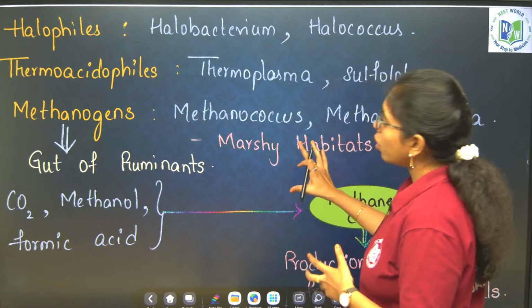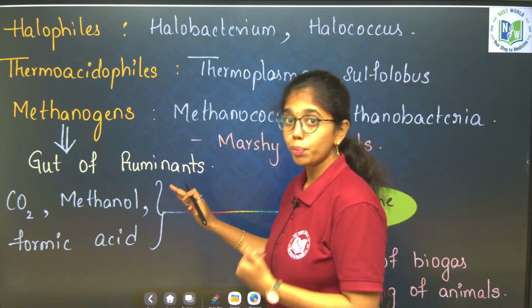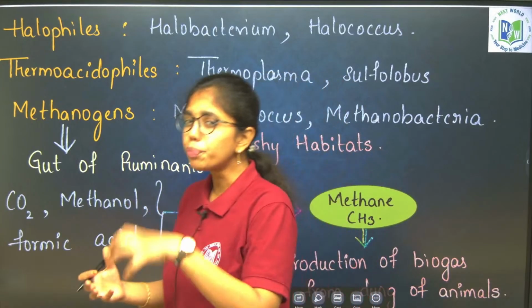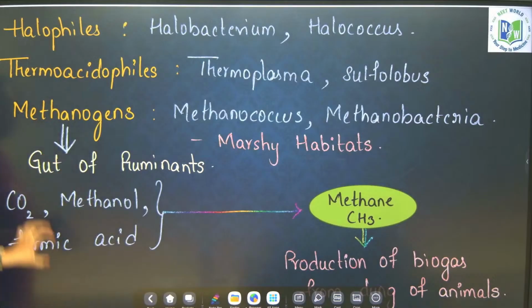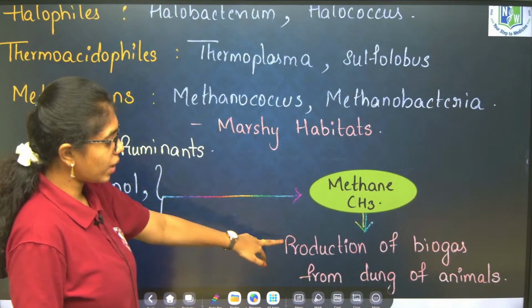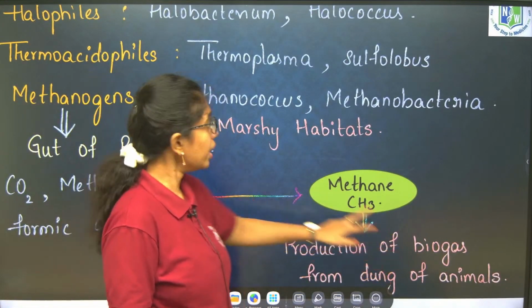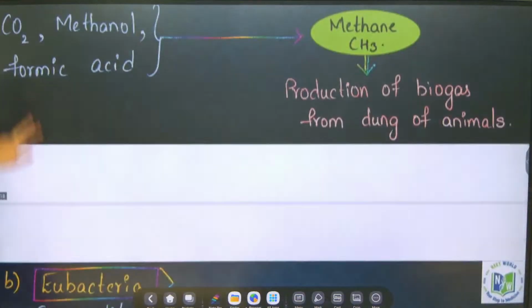They grow in marshy areas. They live in the gut of ruminants like cow, buffalo which ruminate all the time. So, methanogens will convert carbon dioxide, methanol and formic acid into methane, which is the production of biogas from dung of animals. So, this is all about the types of Archaebacteria.